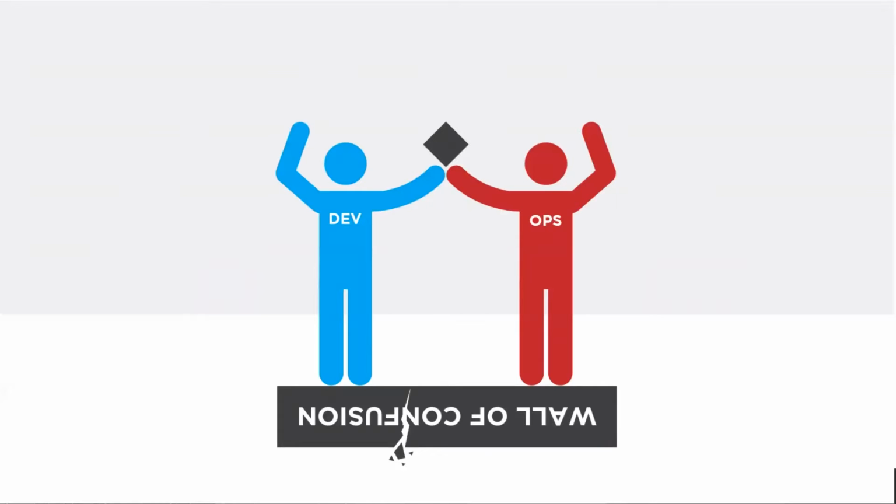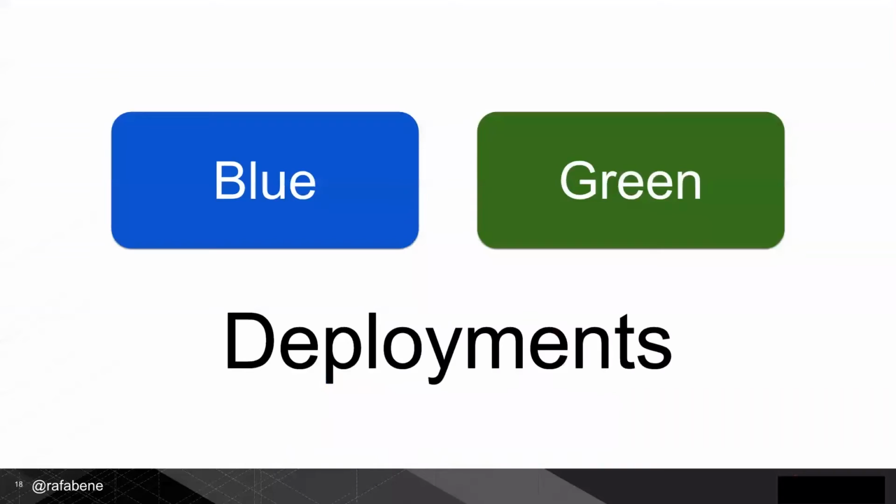Finally, with the DevOps movement, there is no more wall of confusion. They are both responsible for making the software work in production, right? So we will see some techniques here, and as I said, I will demo that online, and hopefully during the deployment, my software will be online all the time.